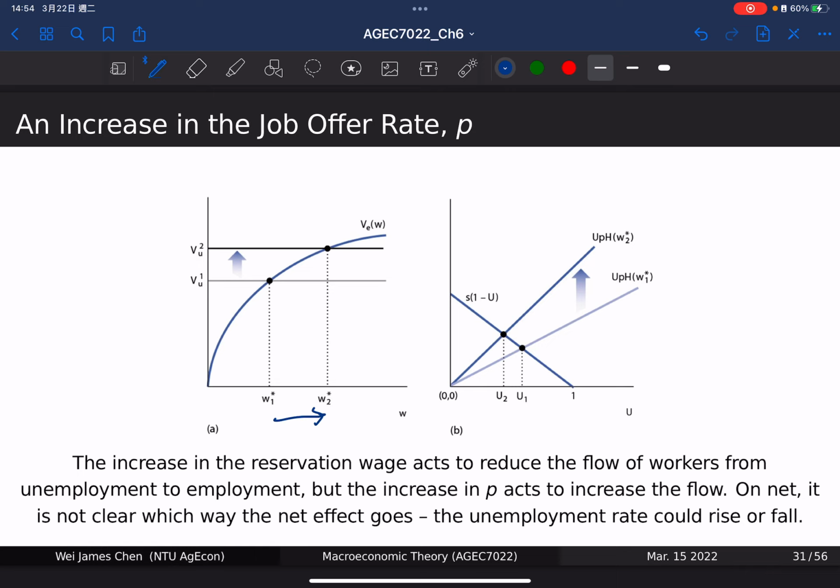And the reservation wage increase will, again, make this lower. But remember, here we also increase the P, right? So P is higher. The whole thing is U times P times H of W star. So it's not clear whether it will increase or decrease, right?